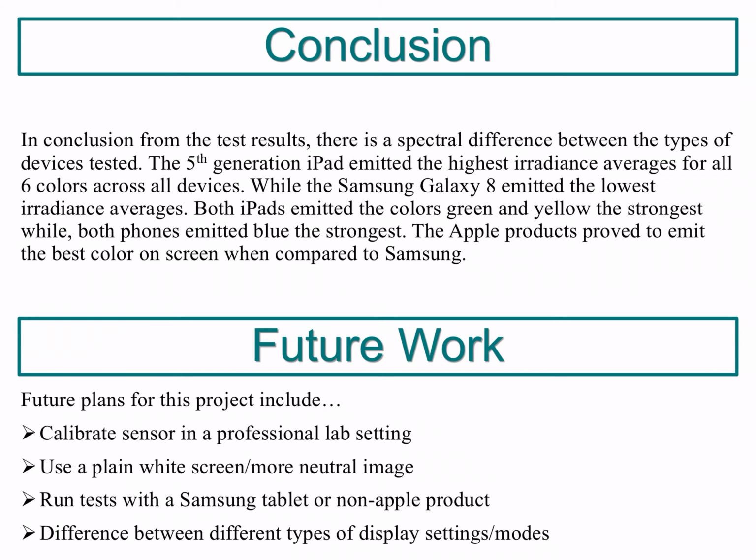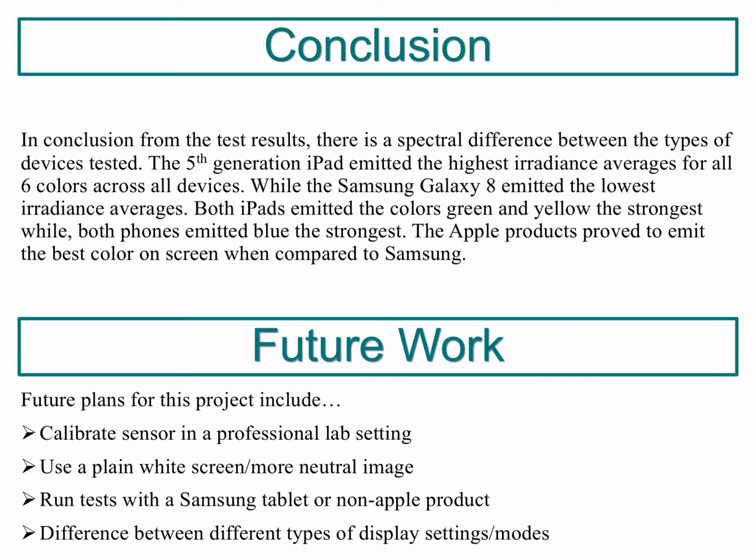Future plans for this project include calibrating the sensor in a professional lab setting. This way I can determine how accurate my test values were. And I wonder that if in a professional calibrated setting, how much would my values change if they do, and would I get different color readings from the products?